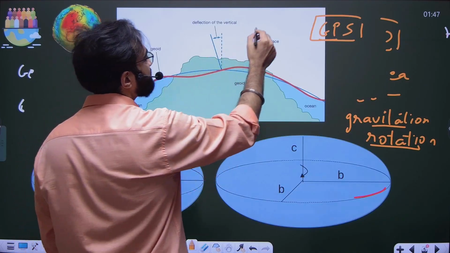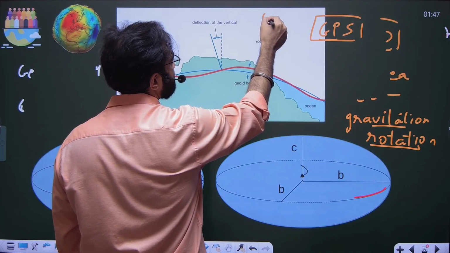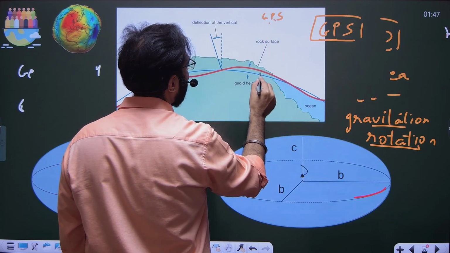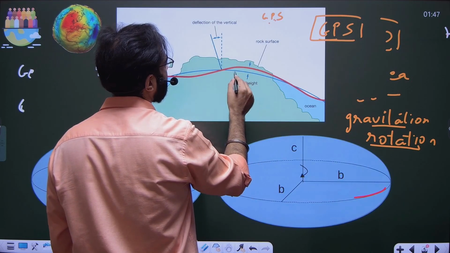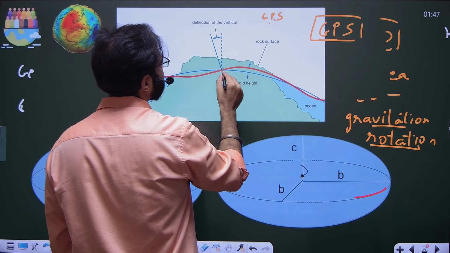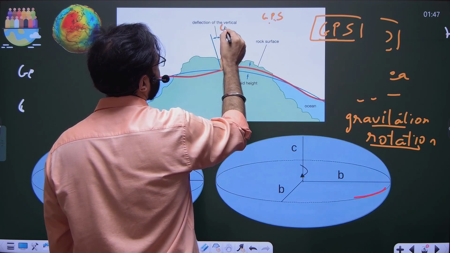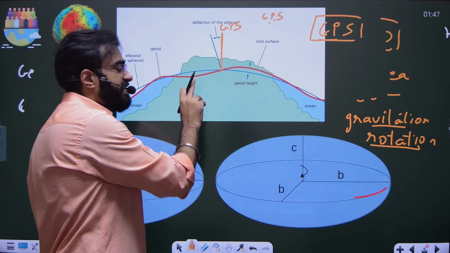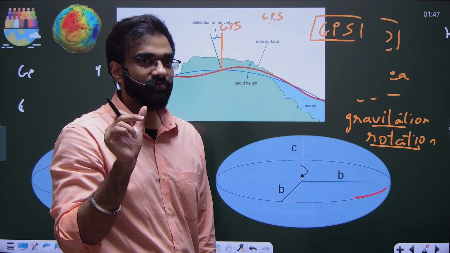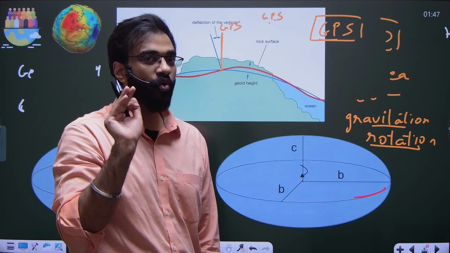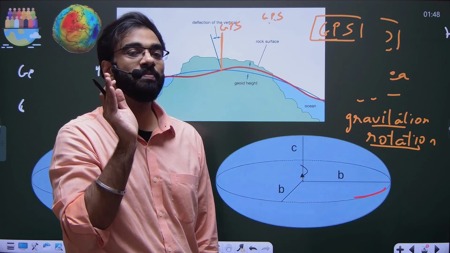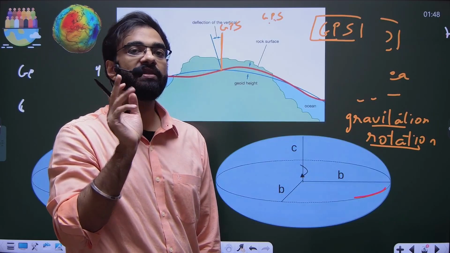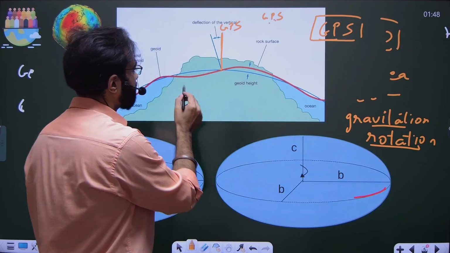So when the GPS device is located here, it is actually measuring this height. But what the geographers actually want is the height from the mean sea level. That mean sea level is defined by the shape of the geoid, which is this line.